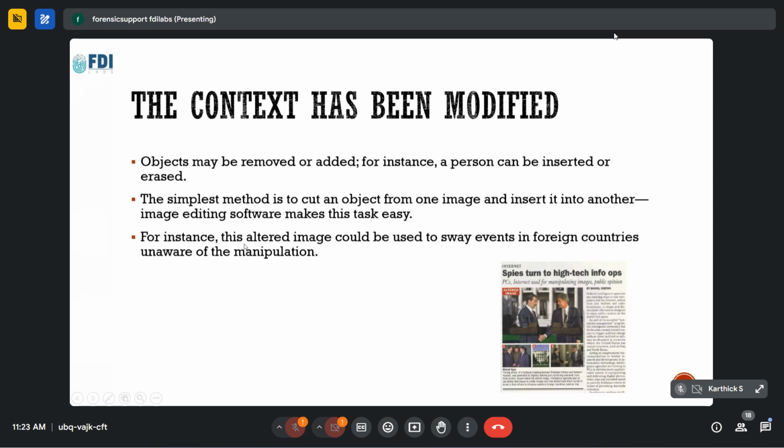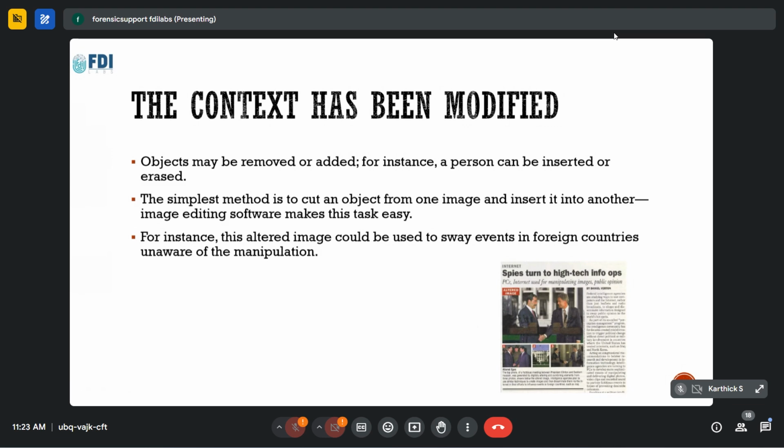We can read that objects may be removed or added. For instance, a person can be inserted or erased. The simplest method is to cut an object from one image and insert it into another; image editing software makes this task easy.